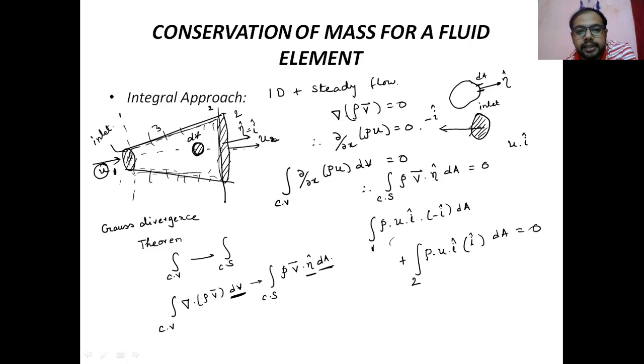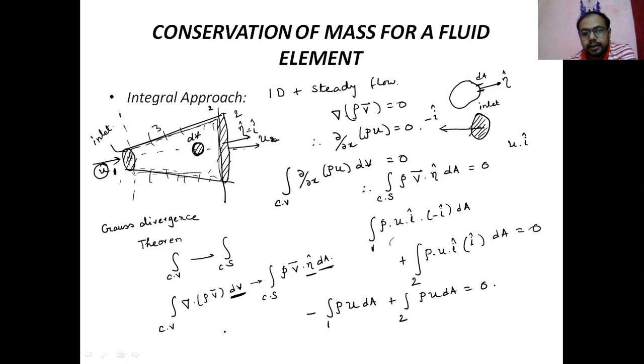Because from the third surface there is no mass transfer occurring, this equation can be written as minus rho U dA at section 1 plus rho U dA at section 2 is equal to 0.